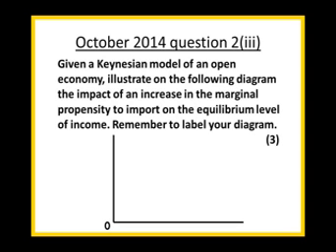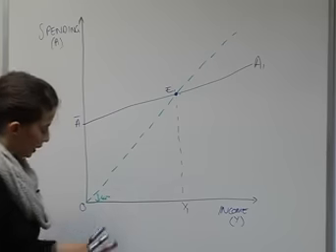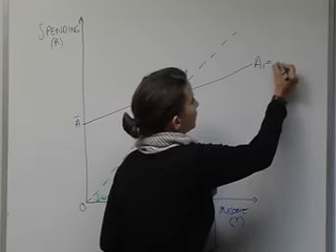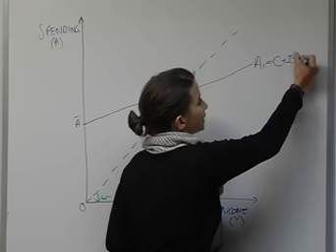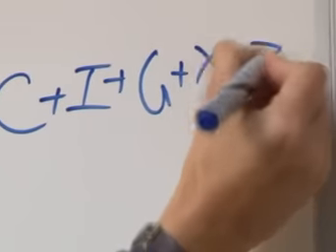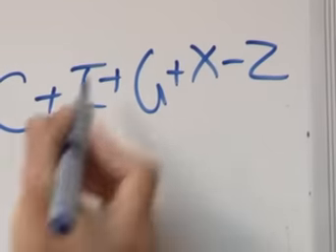Now the question asks, given the Keynesian model of an open economy, meaning we trade with the rest of the world, illustrate the impact of an increase in the marginal propensity to import, meaning the richer we get, the more we import. Like I said previously, spending is equal to consumers, investors, government, exports, and imports.